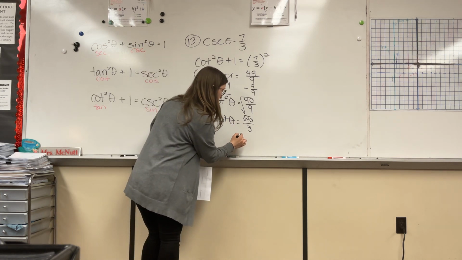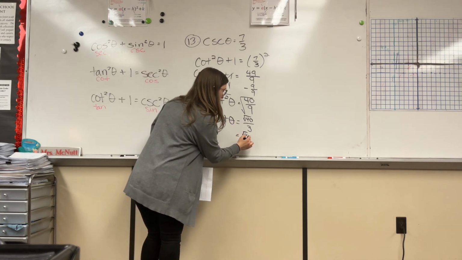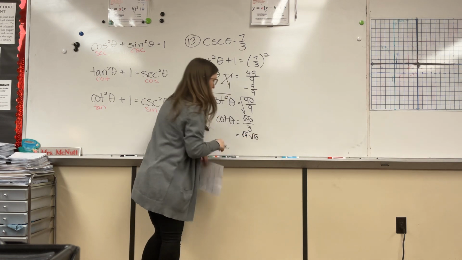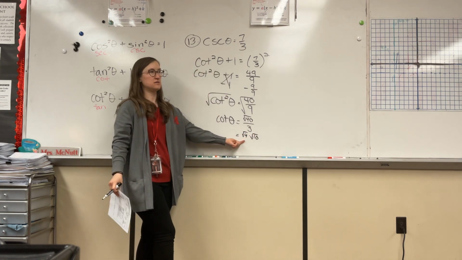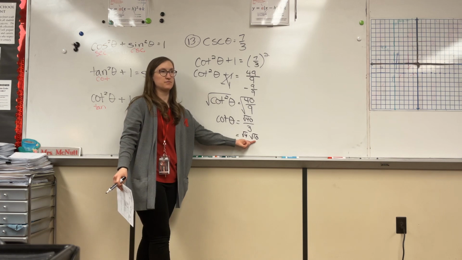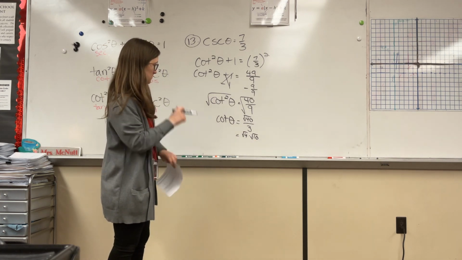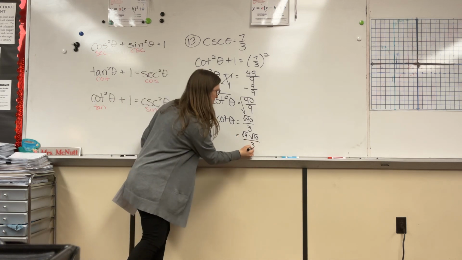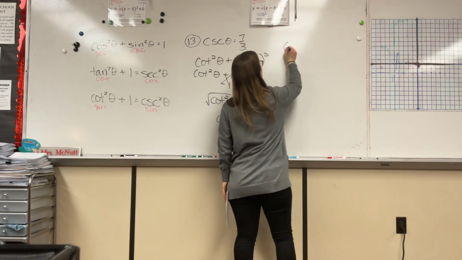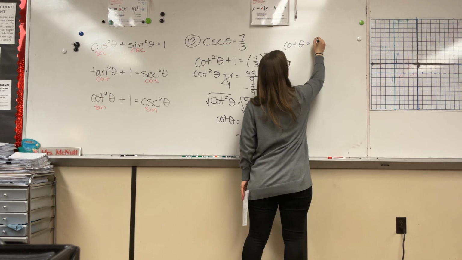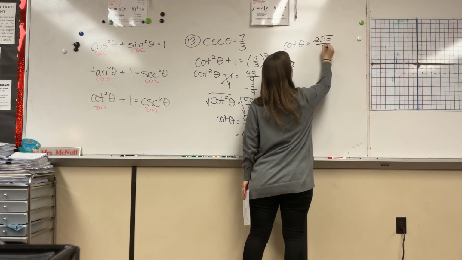We can split this into, this is a perfect square, right? And this is what's left. Radical 4, radical 10. This will be all over 3. And I'll move up here so you guys can see better. So the cotangent of theta is going to end up being 2 radical 10 over 3.